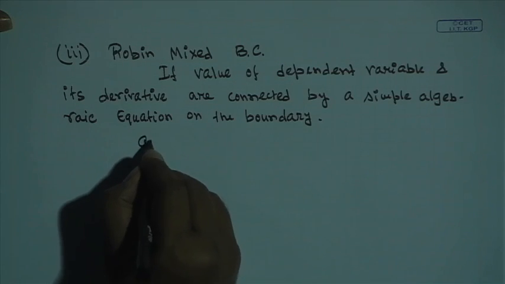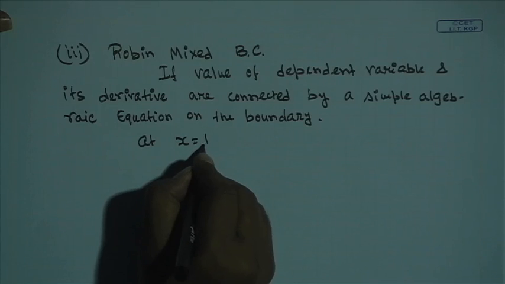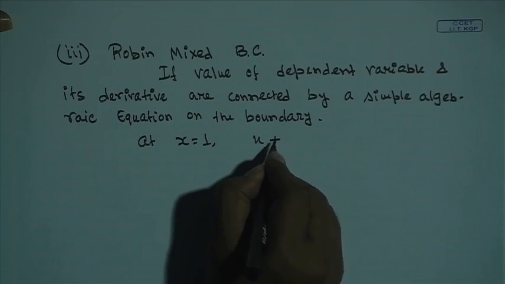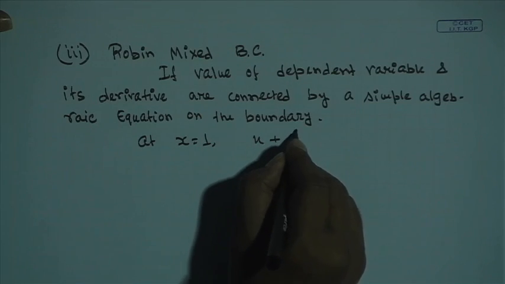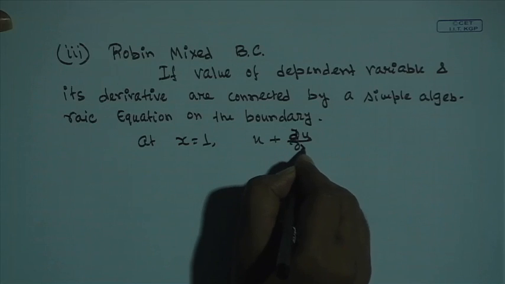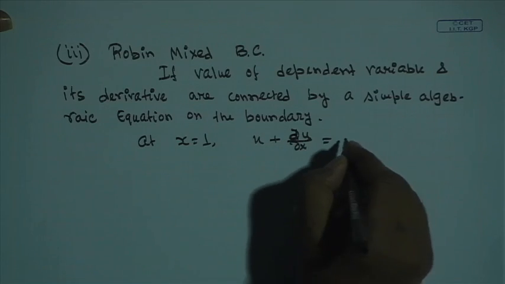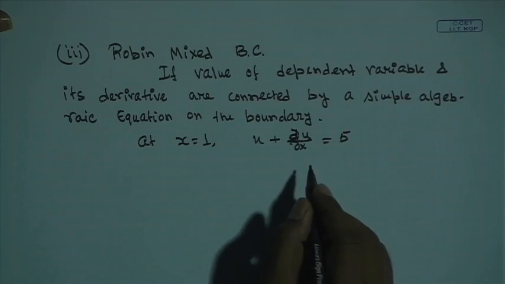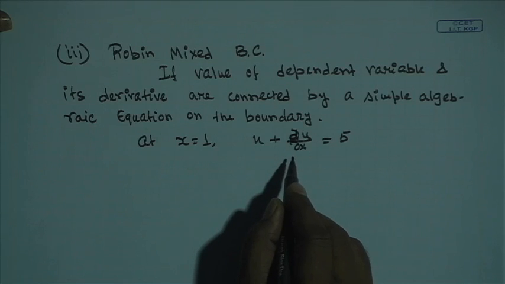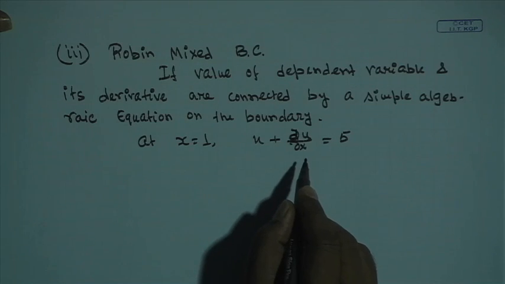For example, at x is equal to 1, u plus del u del x is equal to, let us say, some value 5. So, this is an example of Robin mixed boundary condition.